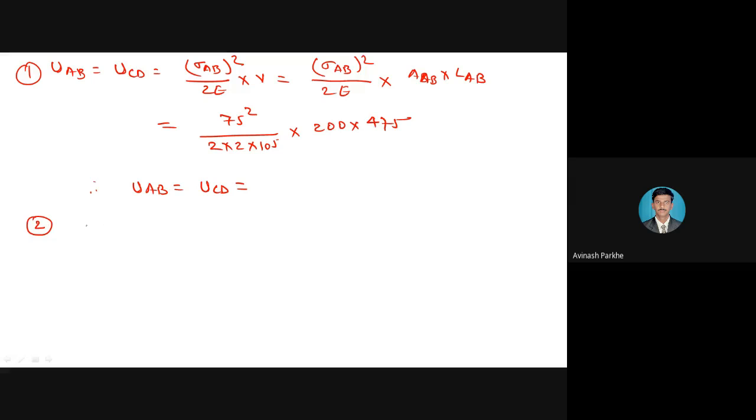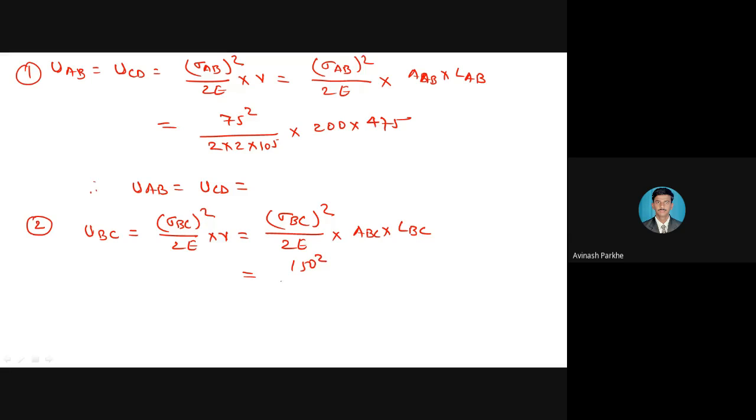Then second calculation, U of BC for the middle section. U of BC is equal to again sigma BC square upon 2E into volume. Therefore, sigma BC square upon 2E into area of BC into length of BC.